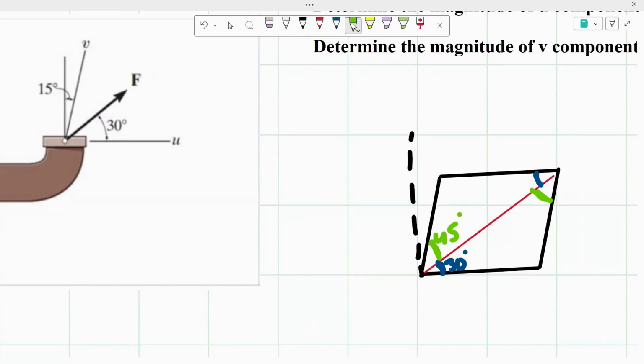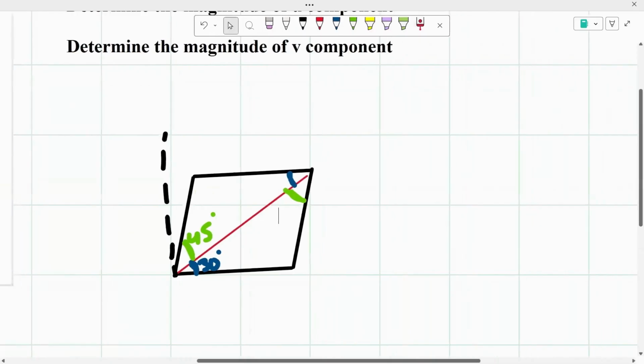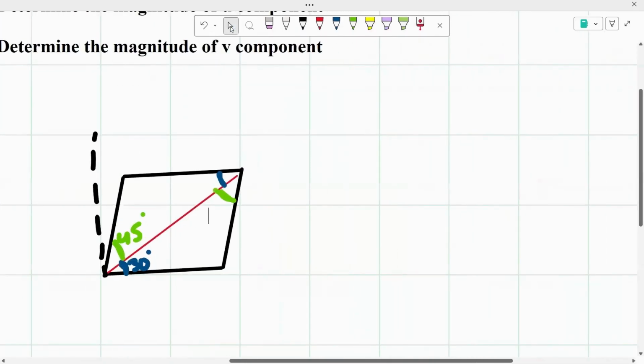Now that we know these two angles, the only angles missing are these two angles that once again are going to be the same. And to find that angle, we know that the angles of a parallelogram have to sum to 360 degrees.